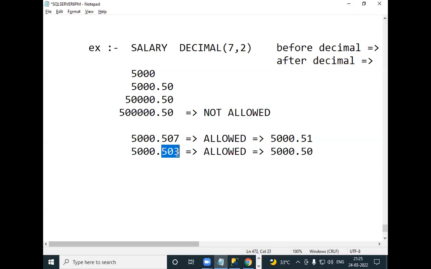If I enter 505.505, the next digit is equal to 5 or above 5, then 0 is rounded to 1.